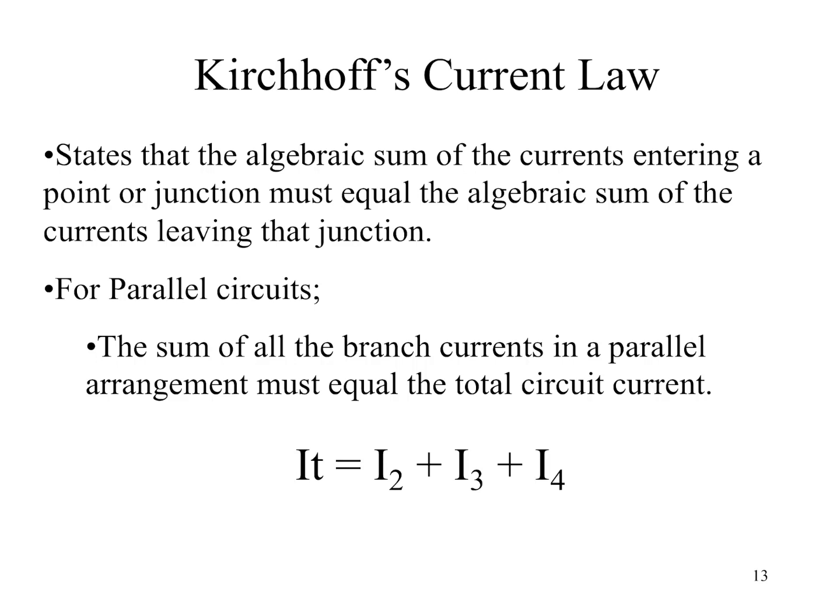Or if we put the current entering on one side and the current exiting on the other side, entering, exiting, they will be equal. So this is where you have I total equals I2 plus I3 plus I4. And that could be a little confusing. We can change that to 2 and 3 to be following what we talked about. So I total equals I1 plus I2 plus I3.